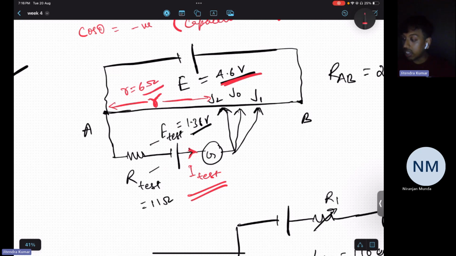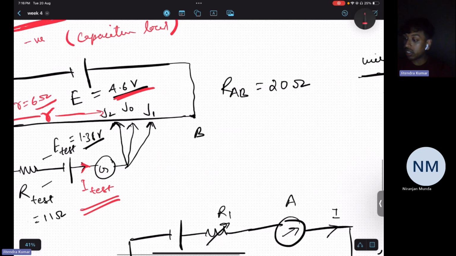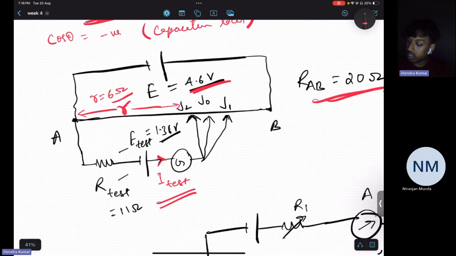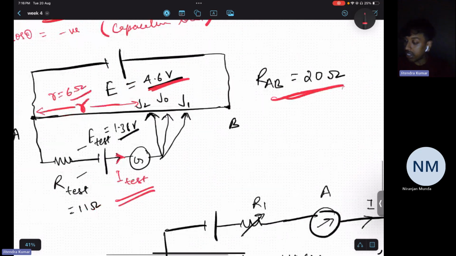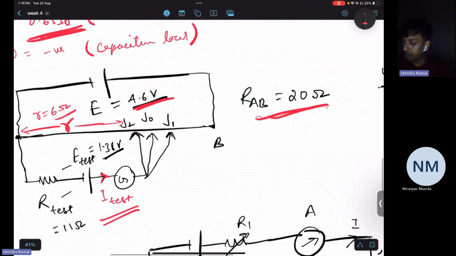So it could have been in terms of length also, isn't it? Because the distance of RAB is 20. That is why we calculated the distance of this R. The length of R also could be calculated if the length of AB is given.